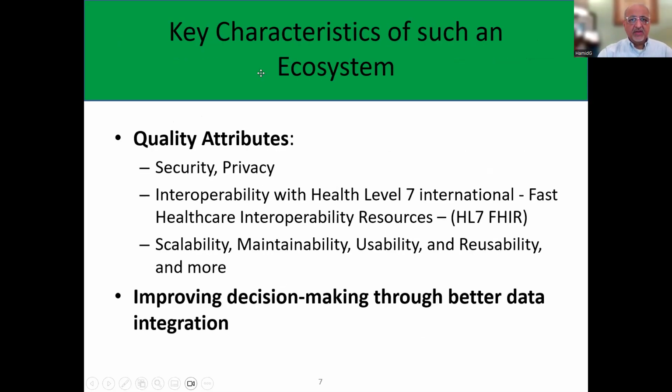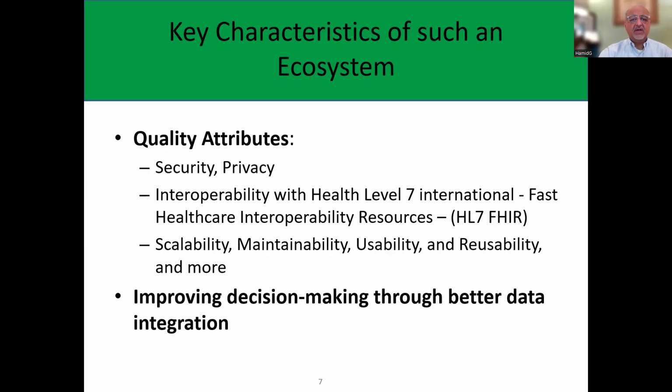What are the characteristics of such a system, an ecosystem? Of course, like any other system, whether it's in avionics, where safety is the key, or home automation, or aerospace, or in this case precision medicine: security, and of course privacy. Specifically in the medical field, privacy is a key. The HIPAA policy is important.